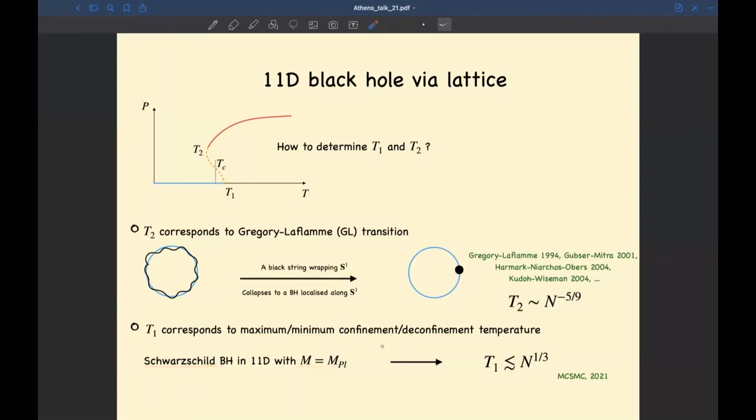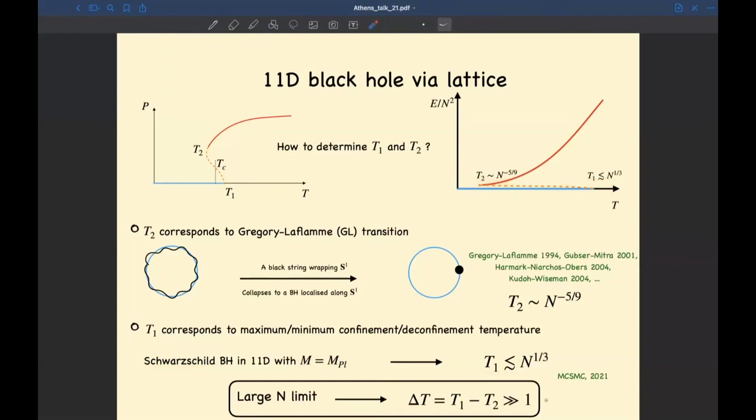Now, carefully doing the computation, one ends up with a temperature that goes like N to the power of 1/3. So this rather means that T1 grows with N, while T2 becomes smaller and smaller with N. So the difference in a large N scenario would be rather large. And this is shown here.